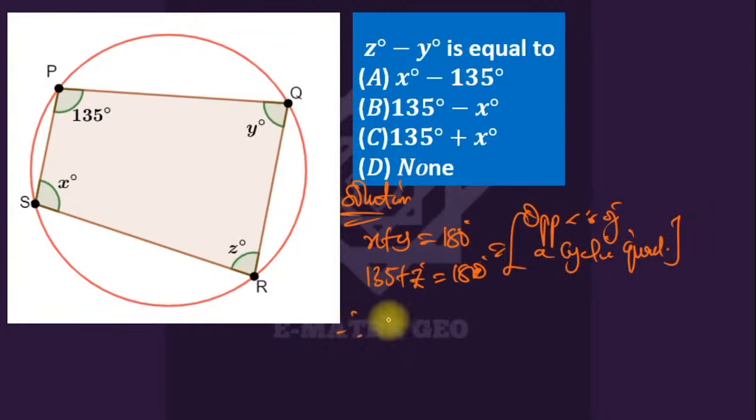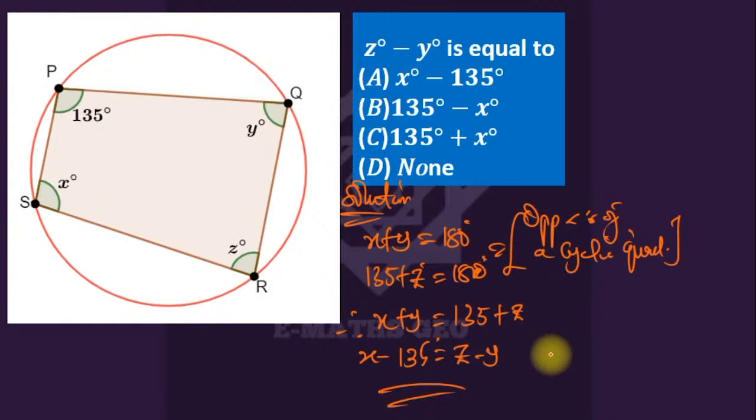We can equate x plus y to 135 plus z, since both sum to 180. We are looking for z minus y, so making z minus y the subject of formula, it is the same as x minus 135. So this is it.